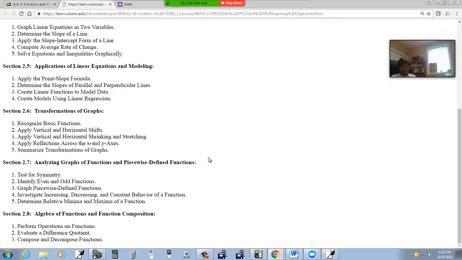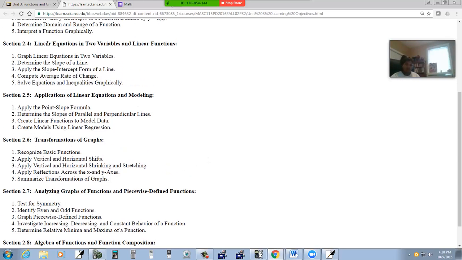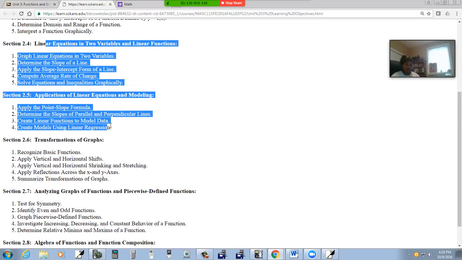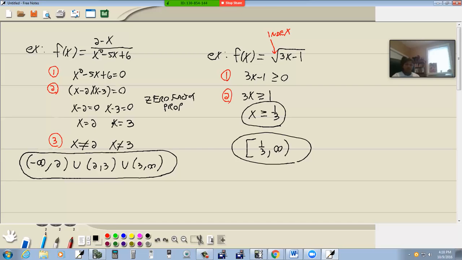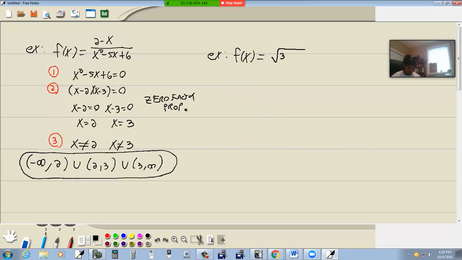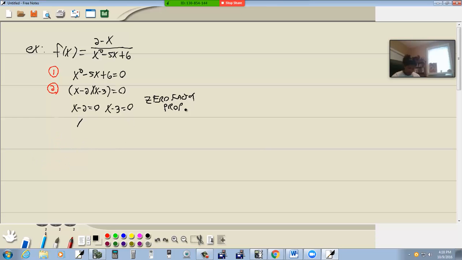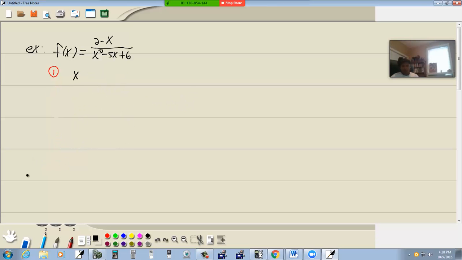Okay, now these next two sections, section 2.4 and 2.5, I'm going to work them together because they're kind of the same concept. So let me clear this off. We're talking about lines.